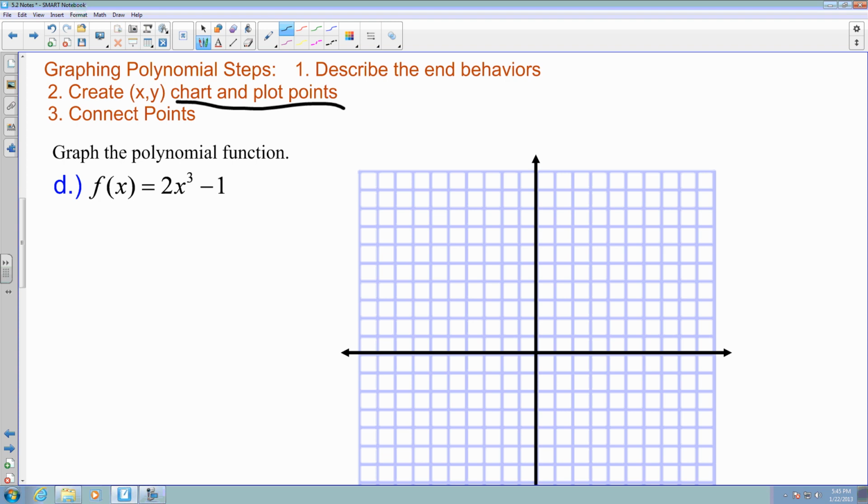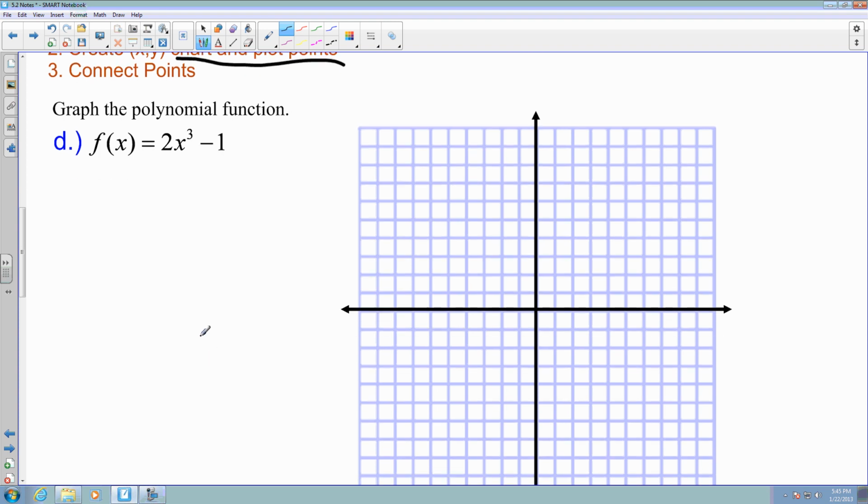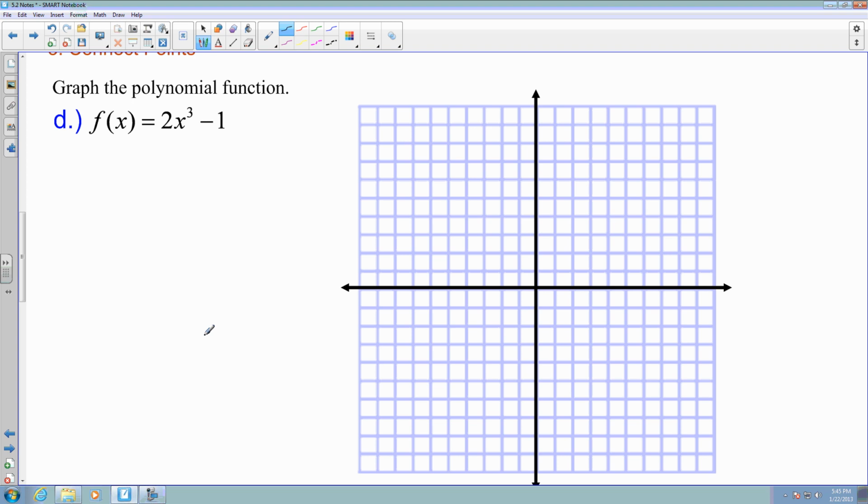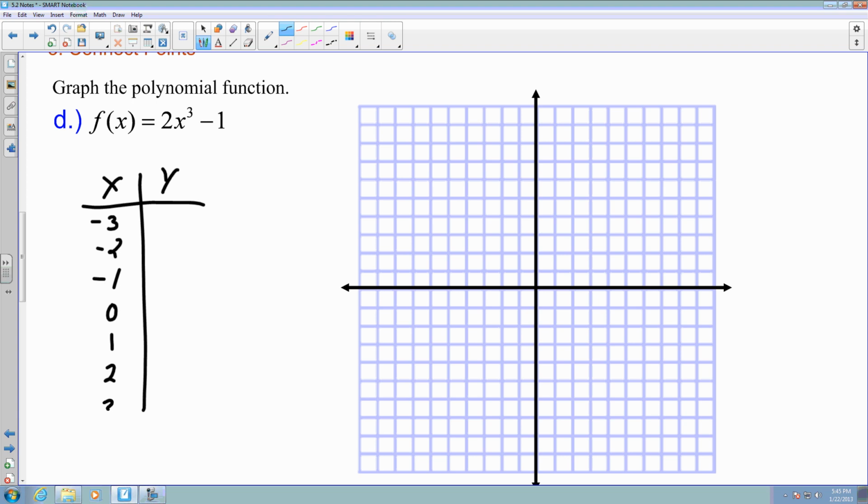So I want to give you standard values for x. I want you to plot -3, -2, -1, 0, 1, 2, and 3. We can use direct substitution for these values of x and plug them in and then we get a y, or this is also f of x in functional terms.